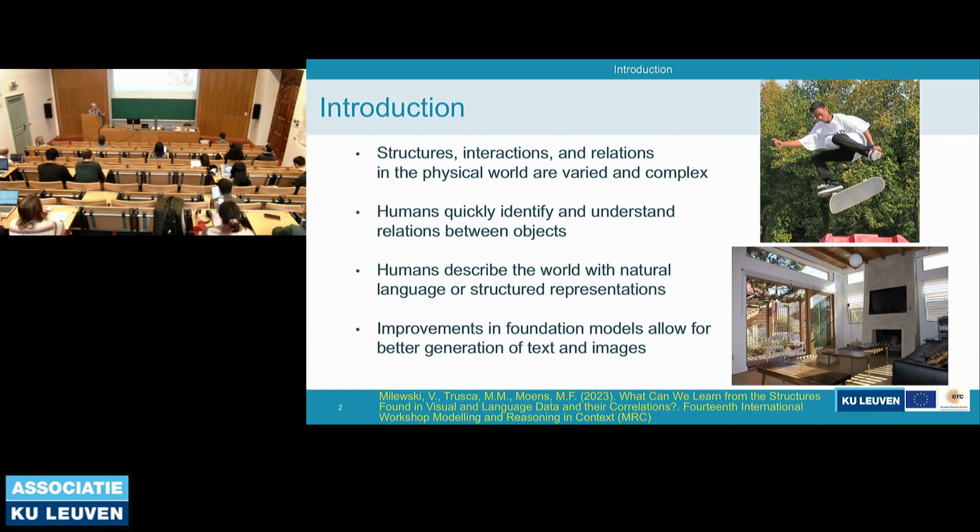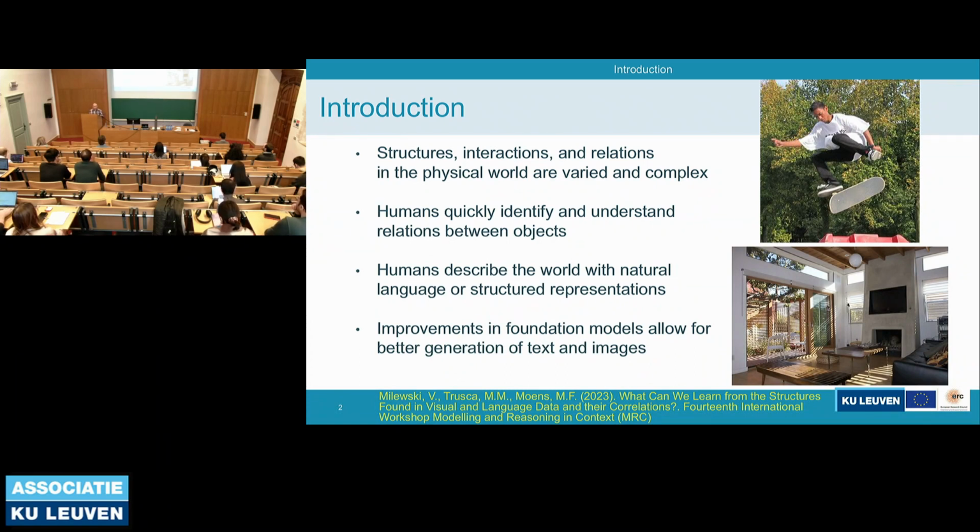If we look at the image in the top right, we see the guy on the skateboard, and for us it's clear that the guy is performing some sort of trick in midair, and he's maybe jumping over something, and we directly understand this.